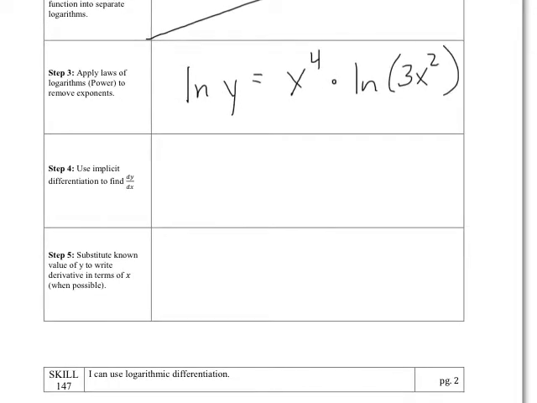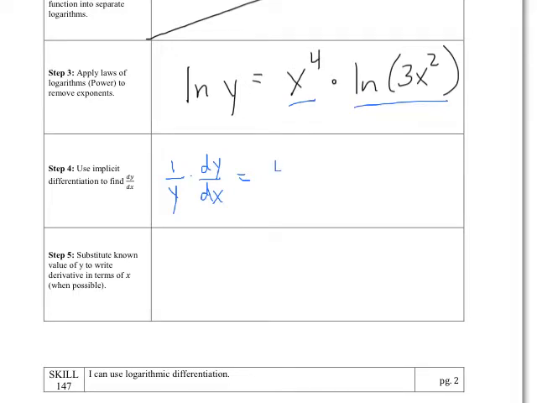So if we're going to use implicit differentiation, we're going to start by taking the derivative of the left side. So the derivative of the left side is 1 over y times dy/dx, and that's our implicit differentiation. The derivative of the right side is actually going to require us to use the product rule because we have two pieces.